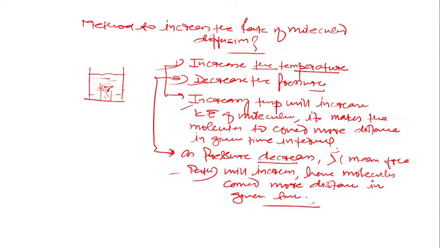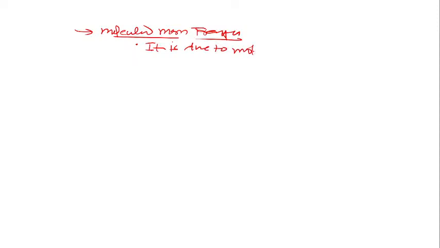So what are the main important points about molecular mass transfer? First, it is due to molecular diffusion, meaning random motion of molecules. Second, it is a very slow process.